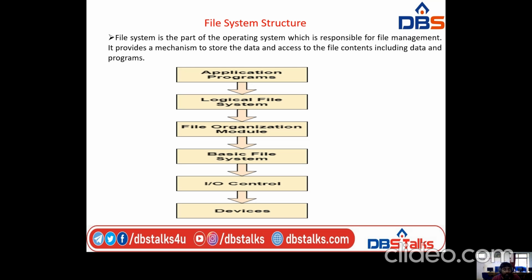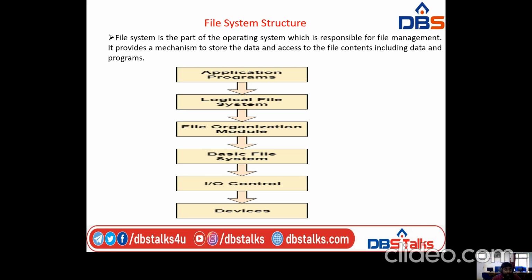Here it shows how the file system is divided into different layers. The file system structure is divided into application programs, logical file system, file organization module, basic file system, and IO control and device control.